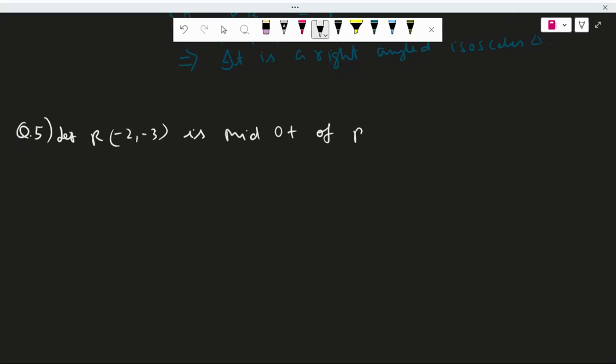P is (-6, -5), and Q is (A, B). Find the value of A and B. We have to find A and B. This is the question.